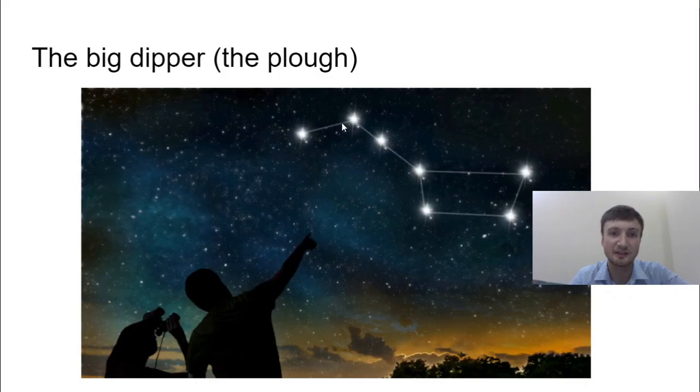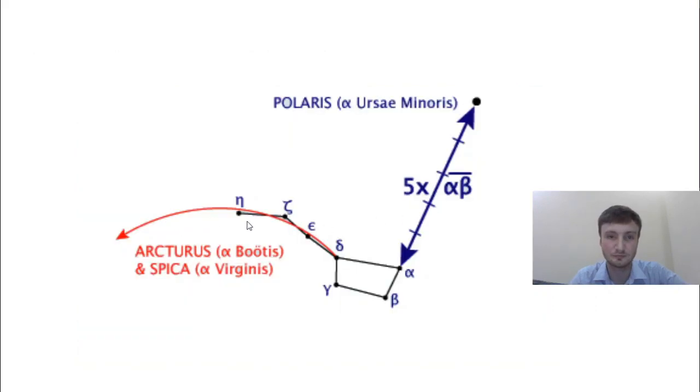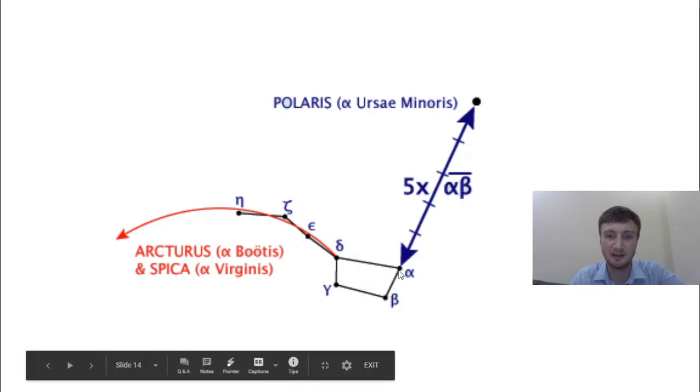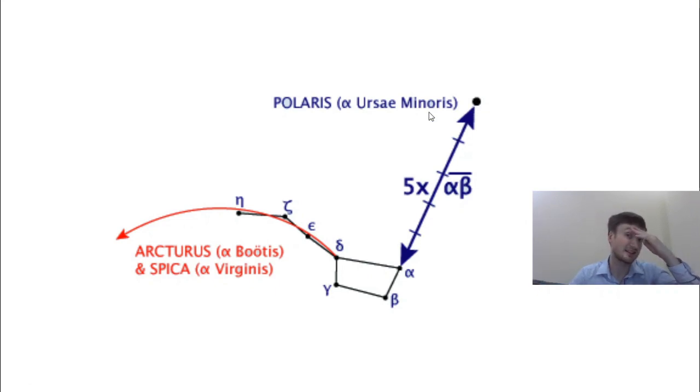If you look at these stars here, the star at the top right point of the Big Dipper, and then you look at the length from B to A, and then you times that by 5, 1, 2, 3, 4, 5, we get this star called Polaris. Now, this star is very important. It's also known as the North Star.